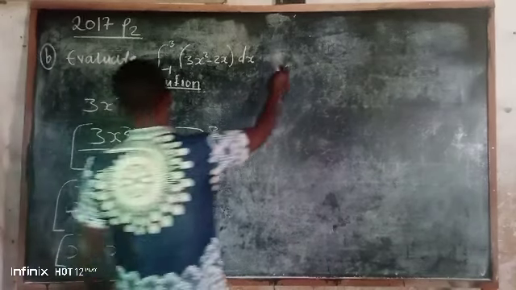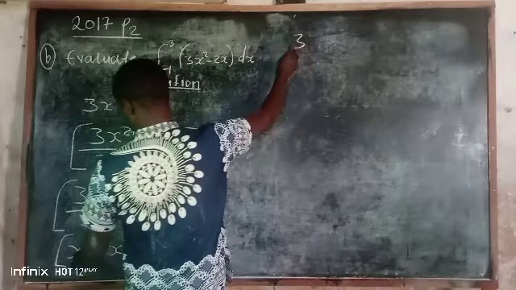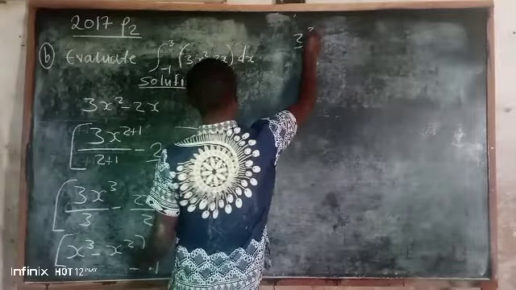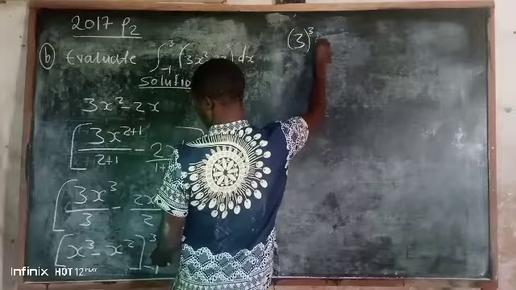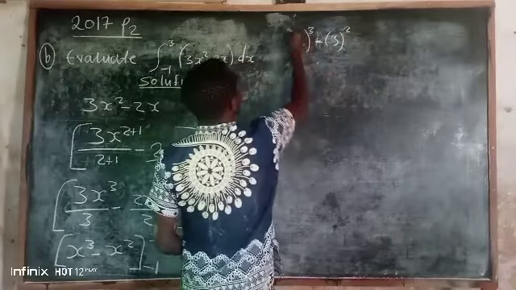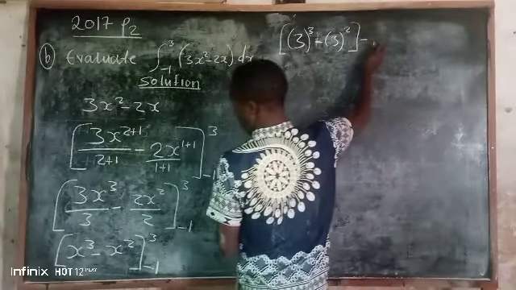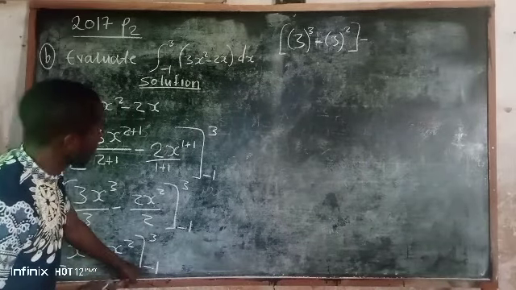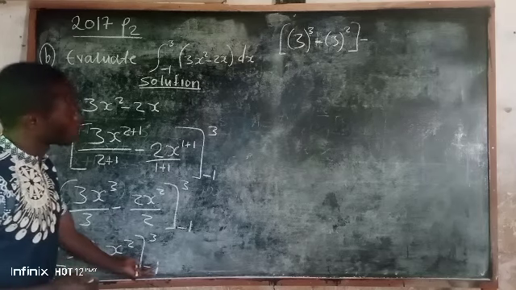Where there is x, we put 3, because the upper limit is 3. So 3 power 3, then minus 3 power 2. Then minus, for the lower limit, we now use -1. We subtract the substitution of the upper limit minus the substitution of the lower limit.